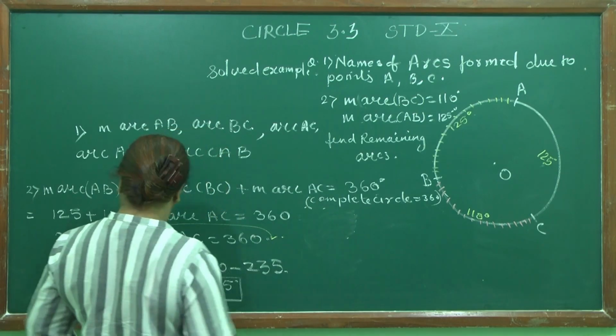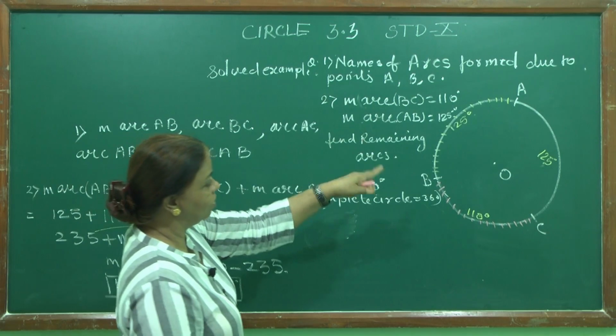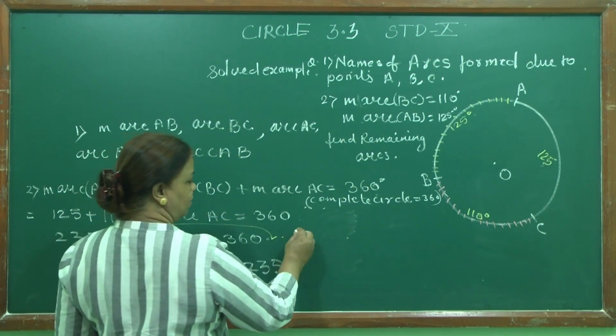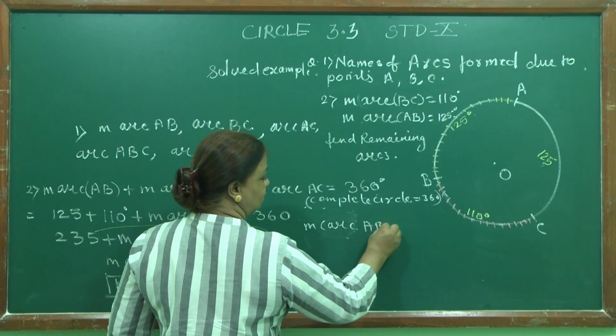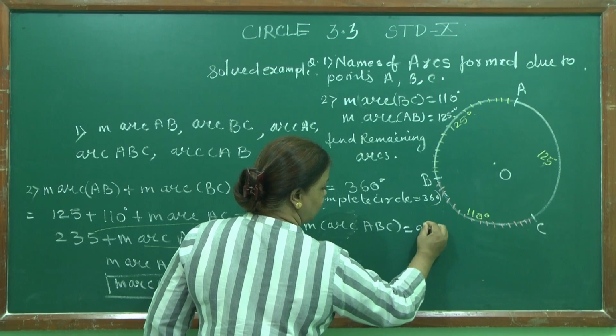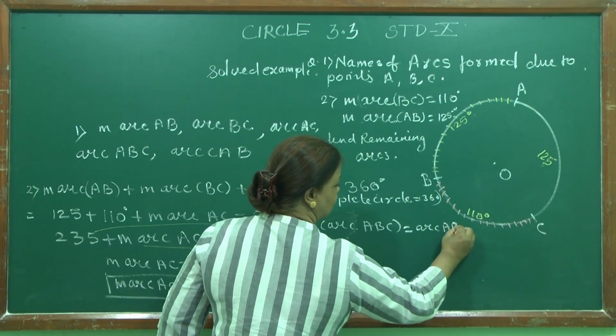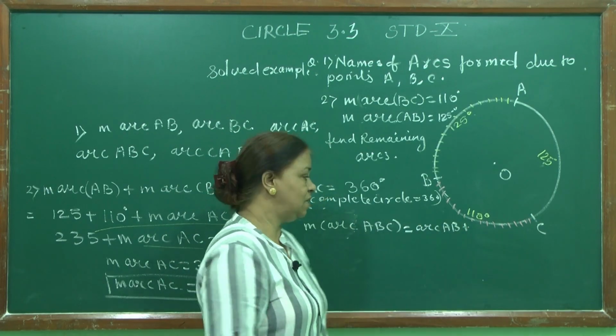Now I got arc AC, BC and AB. Now I can find measure arc ABC. Arc ABC is arc AB plus arc BC.